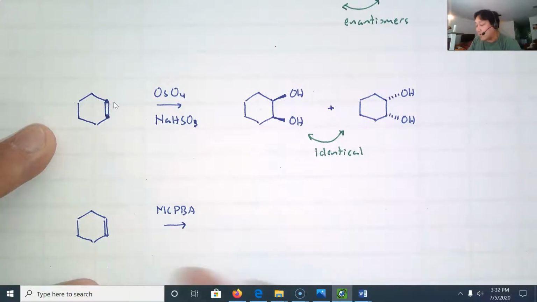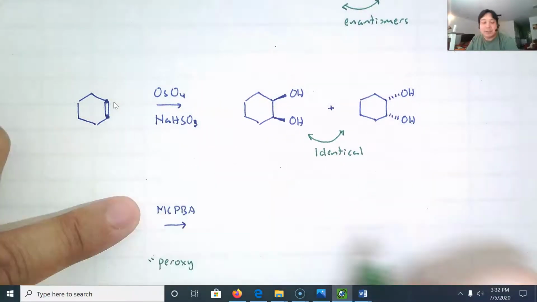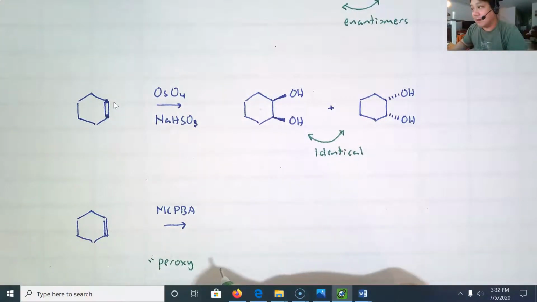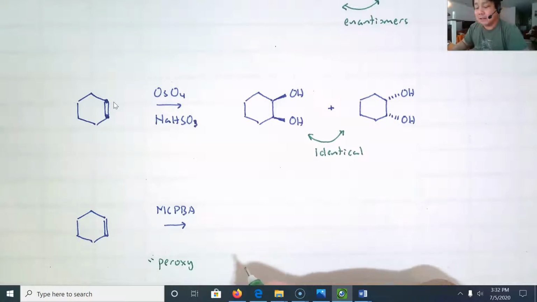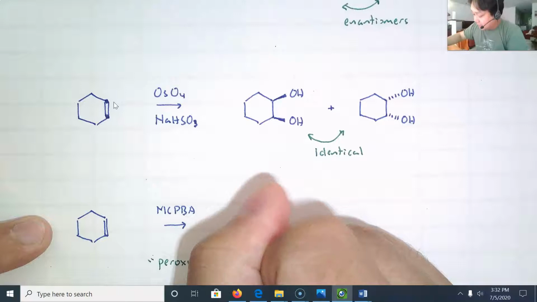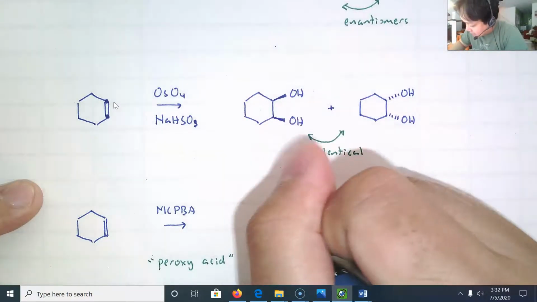This is a peroxy acid. Recall from your notes that if you use a peroxy acid, it doesn't have to be MCPBA. It could be methyl peroxy acid. You'll make an epoxide.